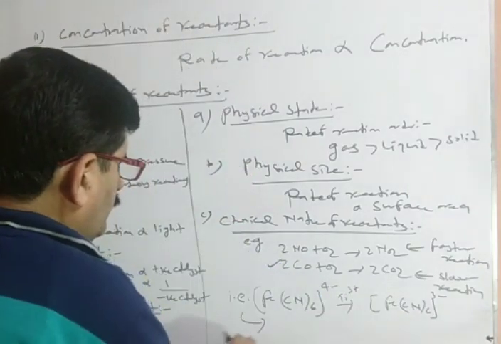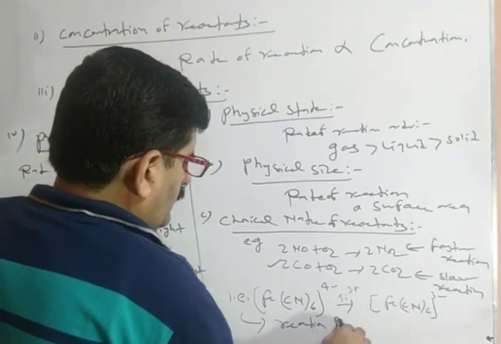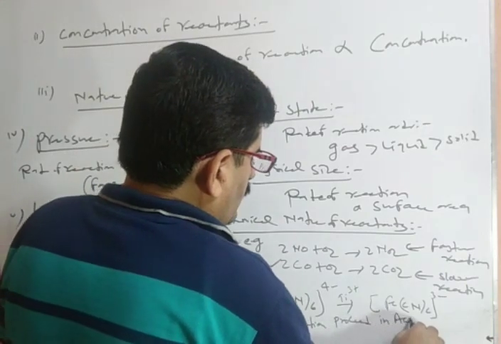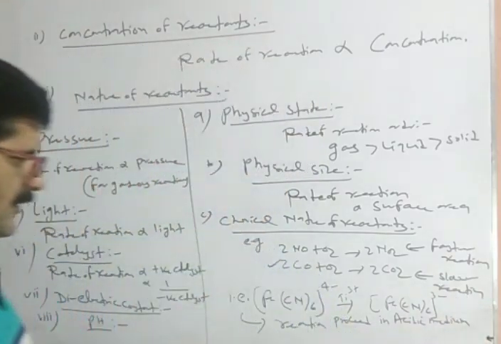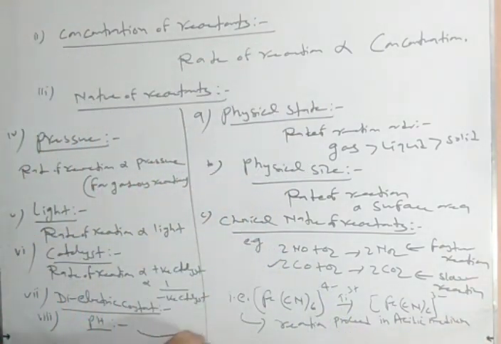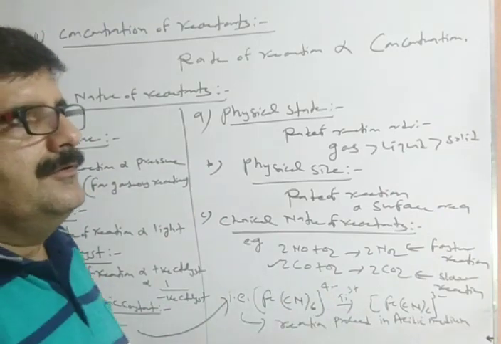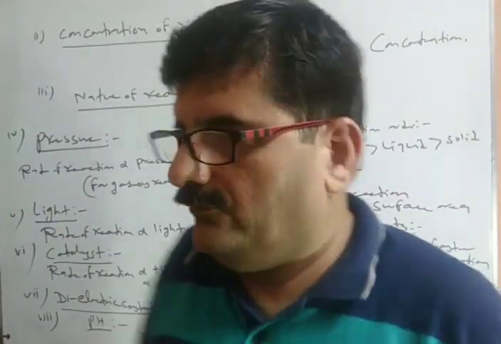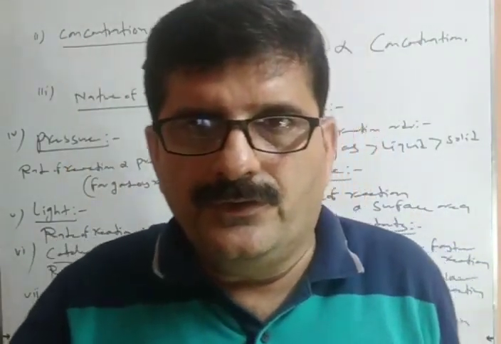This reaction proceeds in acidic medium. So we can say in acidic medium product is obtained. Why? Because rate of reaction becomes faster. So such are the factors on which our rate of reaction depends.